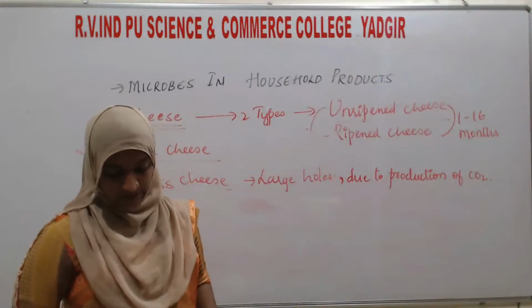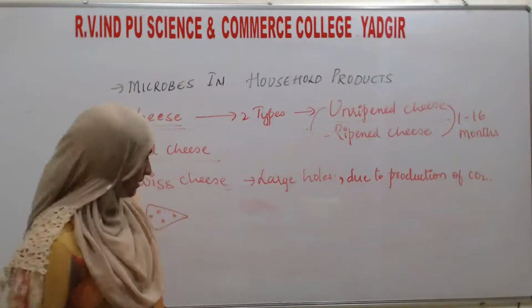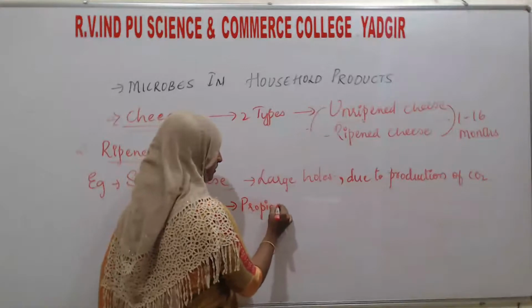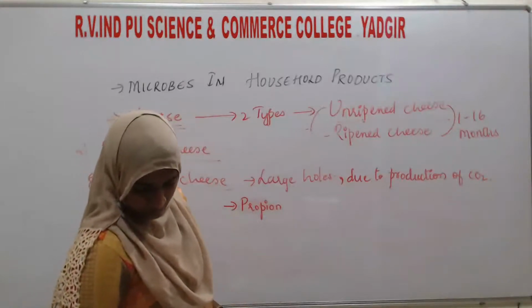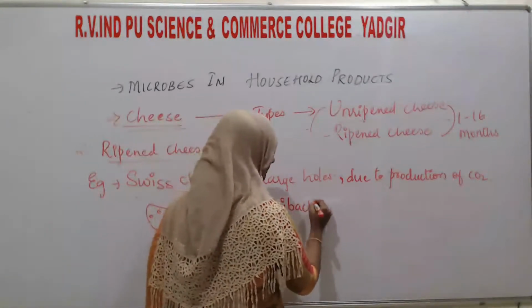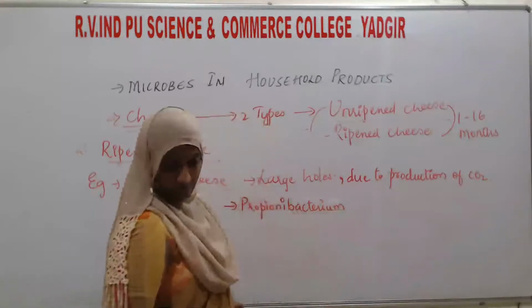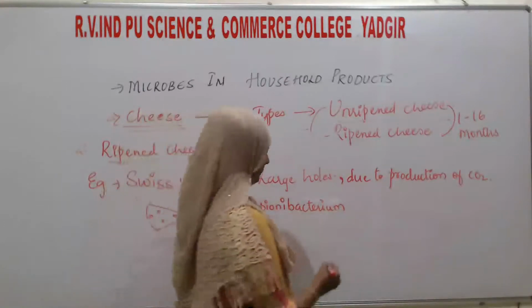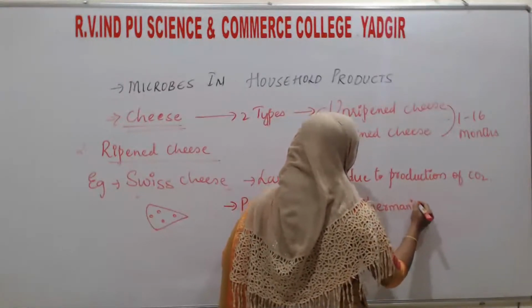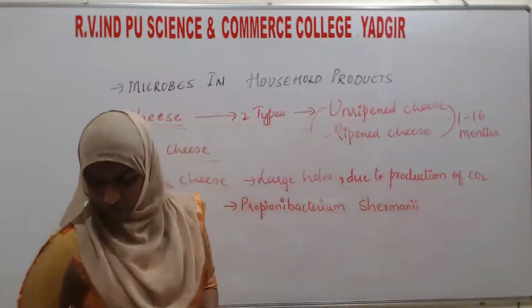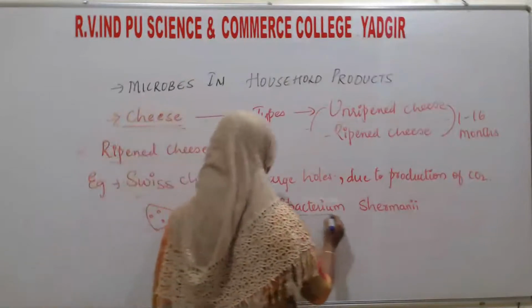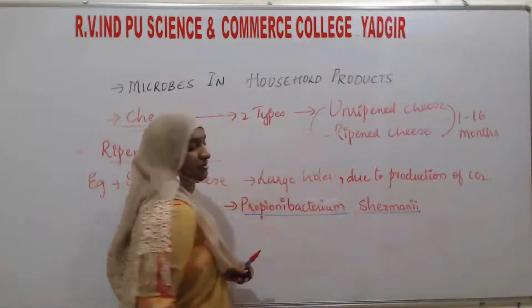The name of that bacterium is Propionibacterium shermanii. This is the bacterium meant for carbon dioxide production.